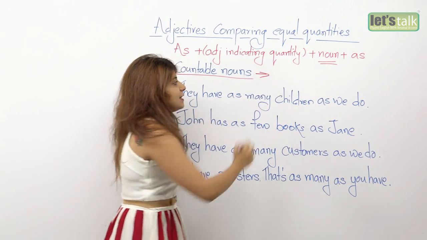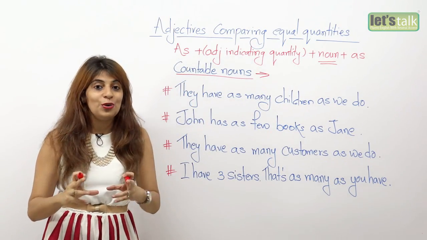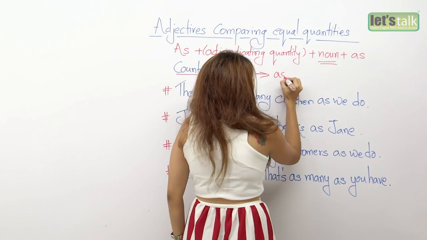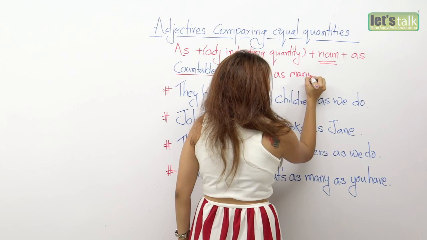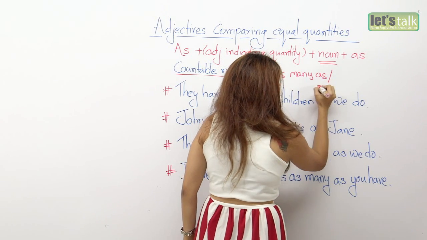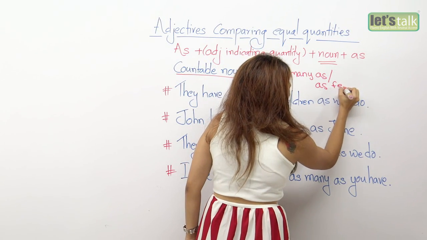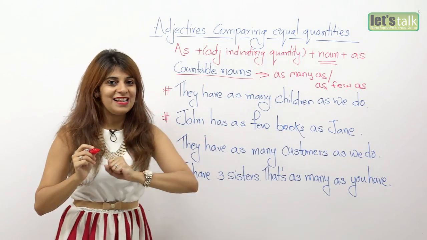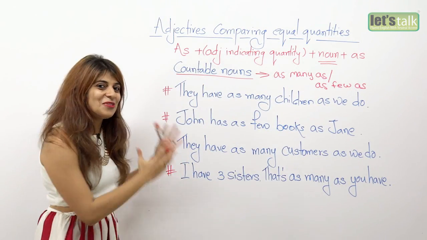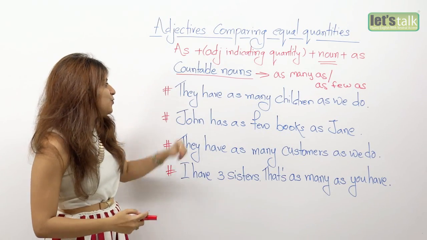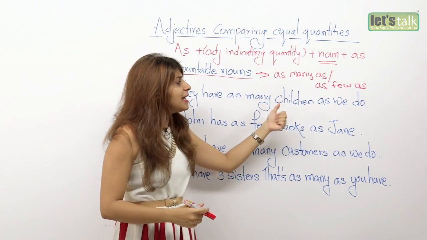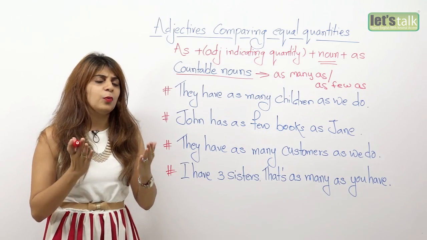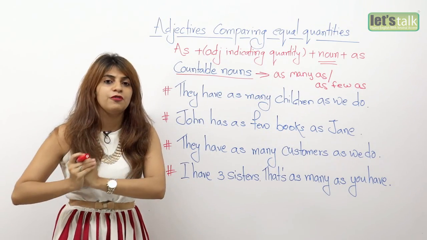The phrases or adjectives that you would use to compare countable nouns are as many as, or another one is as few as. So now let's go through the examples here. The first one: they have as many children as we do. So here probably we are comparing an equal number of children.